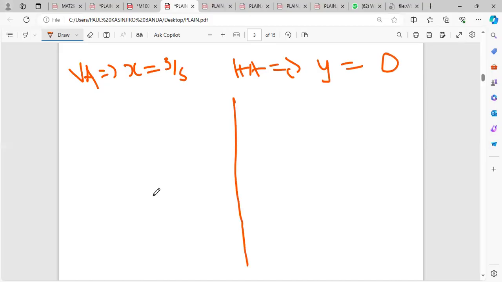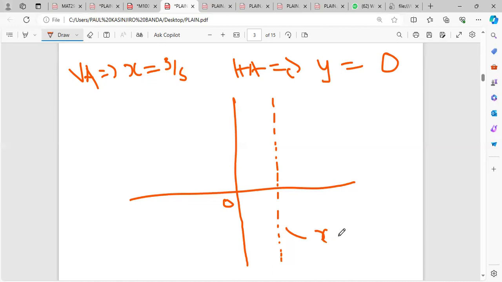Then we can graph. On the 3/5 there, you put your vertical asymptote like that, so this is the line x equals 3/5. Then our horizontal asymptote is 0, so you put a dotted line on the x-axis to show that y equals 0.